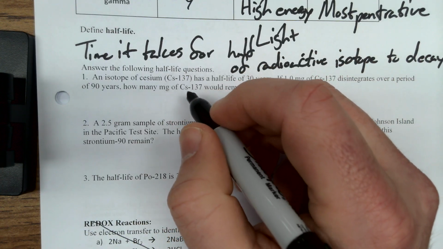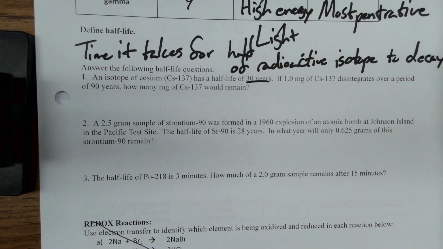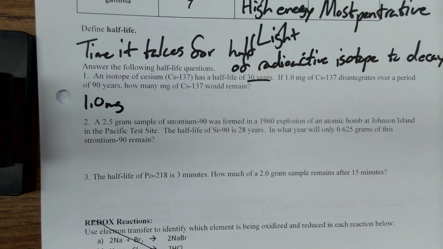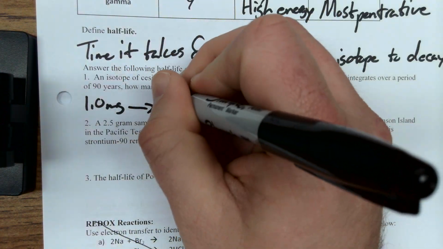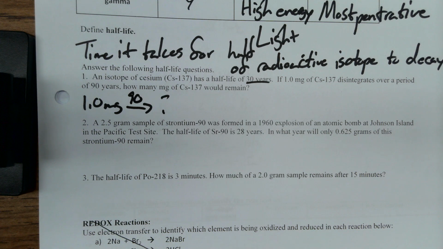Isotope cesium-137 has a half-life of 30 years. I start off with 1.0 milligrams of substance. I need to figure out how much remains after 90 years.